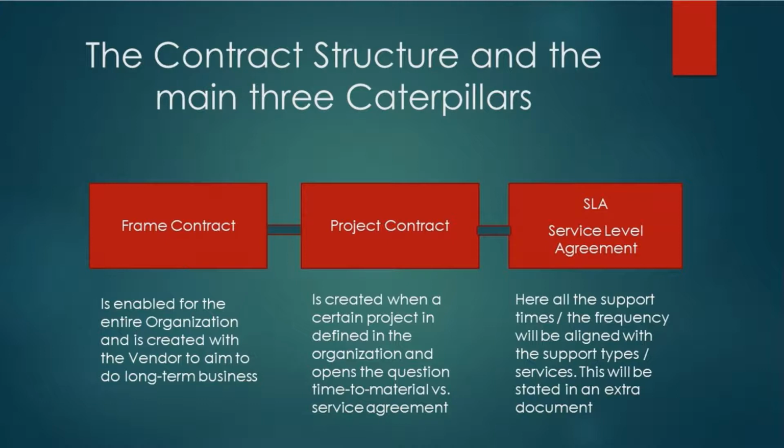This could be the standard template which can be applied within SAP to do projects where you need an additional project contract and also a service level agreement. You could say the frame contract is the foundation to start long-term business with a vendor.